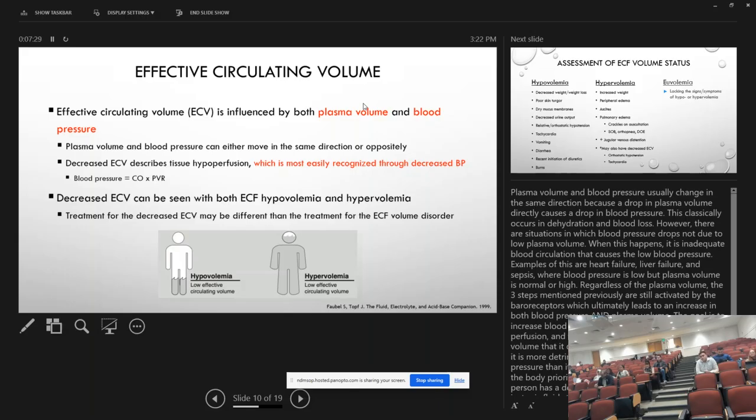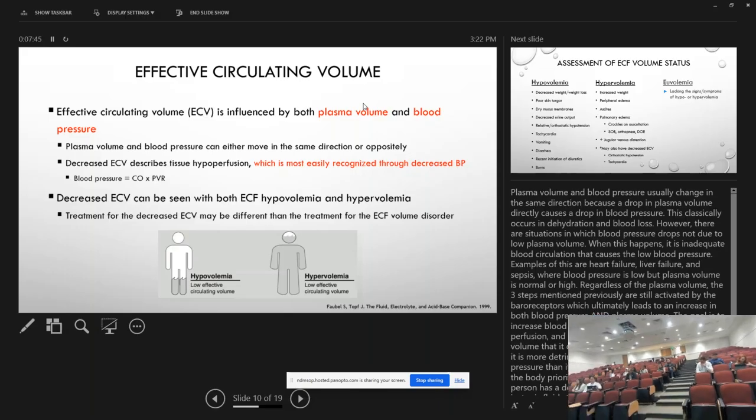So a decreased ECV can be seen with both ECF, extracellular fluid, hypovolemia and hypervolemia, as depicted in the graphics here. You can have a hypovolemic state, low blood volume, and a low effective circulating volume. Then you can have a patient who's hypervolemic and has a low effective circulating volume.